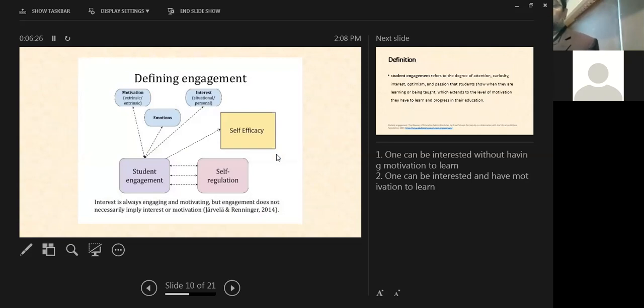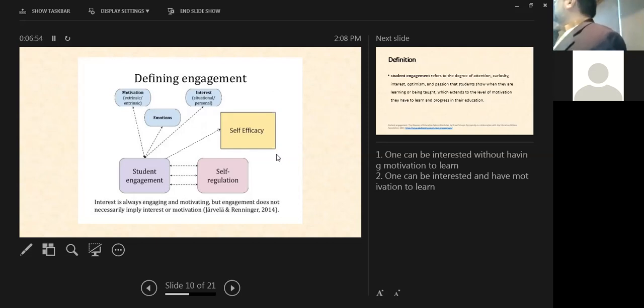This shows that there are three components for student engagement. It's dependent on motivation, which they describe as extrinsic and situational, and personal as intrinsic. Then emotions, self-efficacy, and self-regulation. And they also feed into each other.